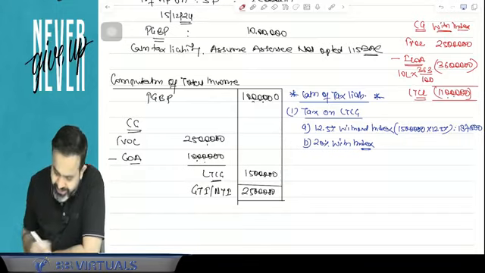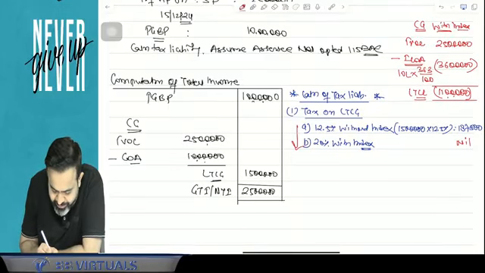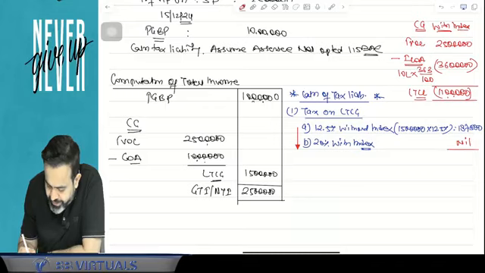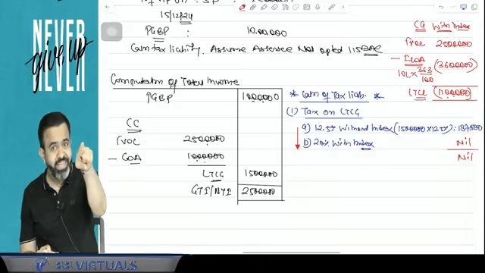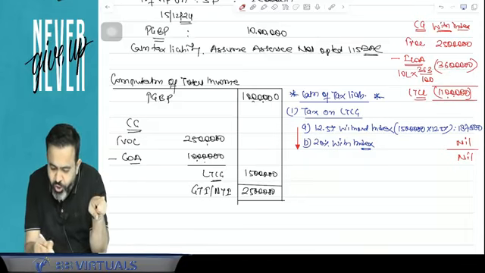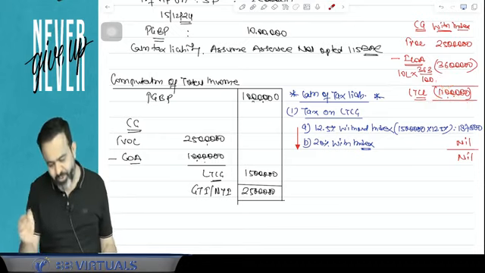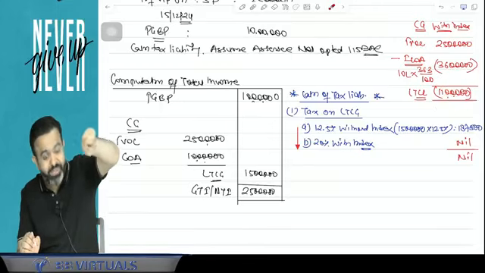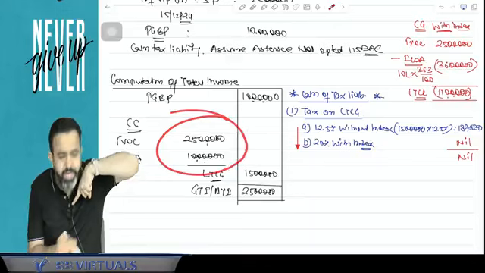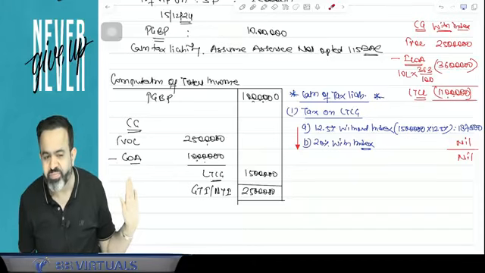Now with 20% and indexation, obviously this tax is nil. You have to consider whichever is lower. So here you will consider the nil. But you know that this loss you cannot carry forward and set off, because while calculating capital gain, you have to consider it without indexation only.